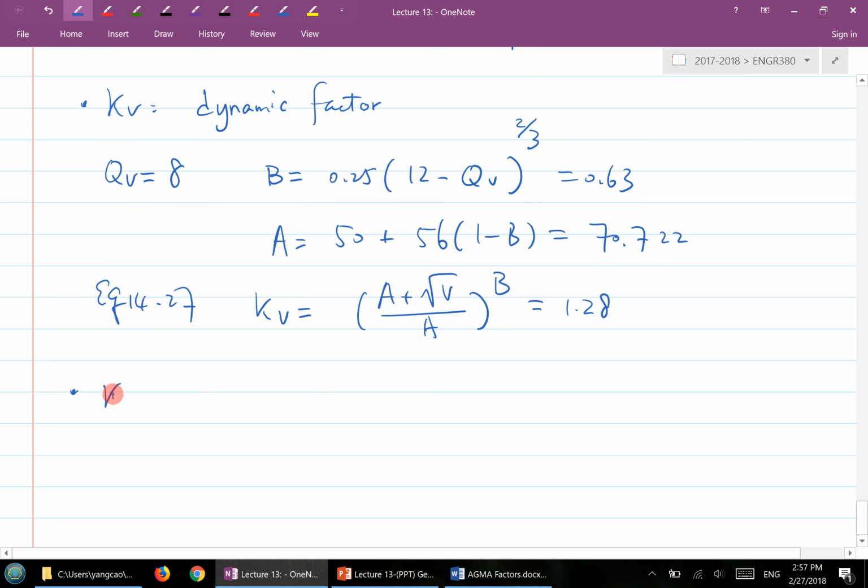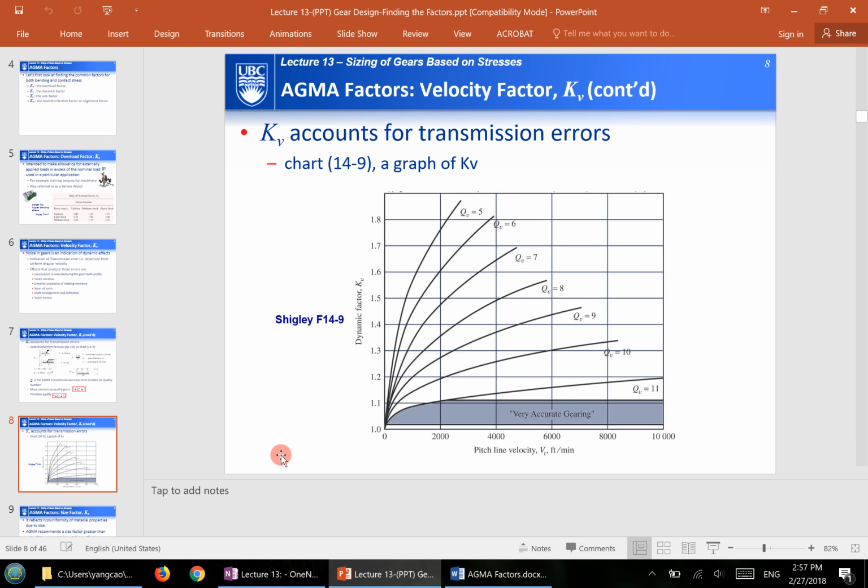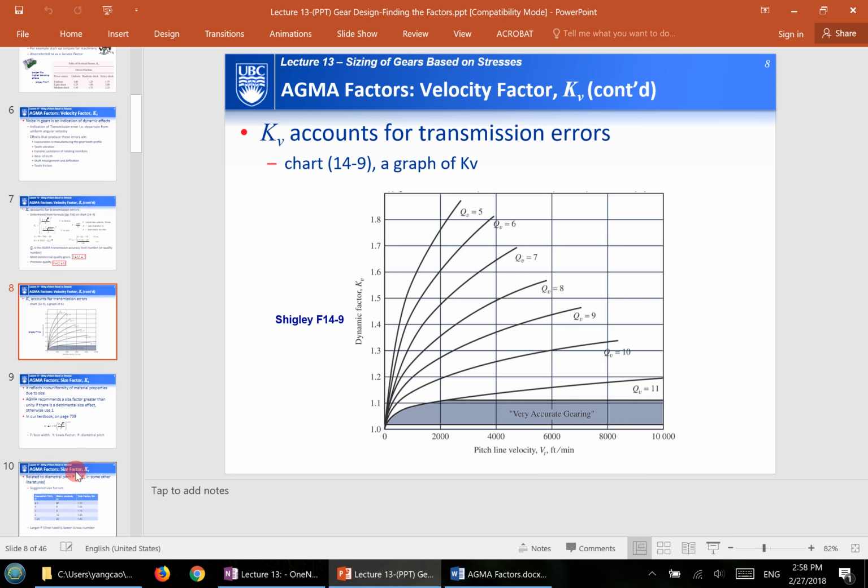And now you have the size factor, next one. Okay. Size factor, just like in the Marin factor, if you recall, in the Marin factor, Se equals Ka times Kb, right? Ka is the surface factor, and then the second one, Kb, is what?